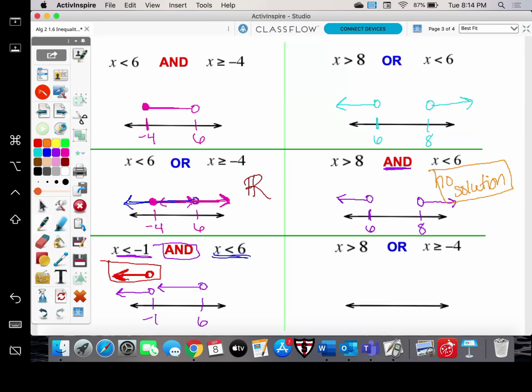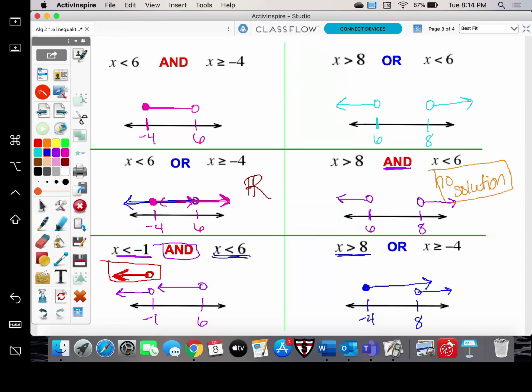That's pretty fun. All right, let's see what kind of weird thing happens on this last one. Now we have x greater than 8 and x greater than or equal to -4. So I'll put a -4 here on the left, 8 on the right. x greater than 8 is an open circle to the right. x greater than or equal to -4 is a closed circle shaded to the right.